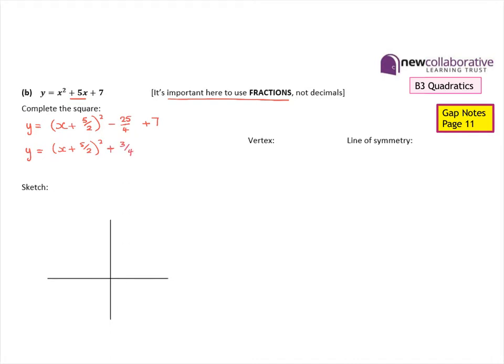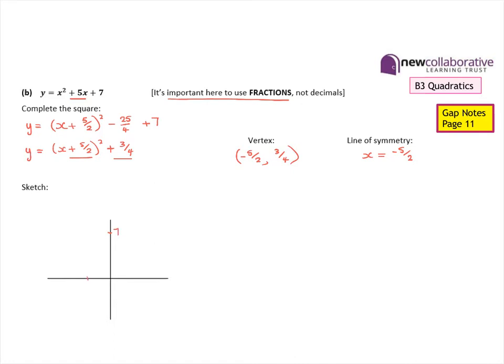And so from that we can identify in the same way as we did before that the vertex of this graph is negative 5 over 2, 3 over 4, and that the line of symmetry is the line x equals negative 5 over 2. We can see from the original equation of our function that the y-intercept is y equals 7.